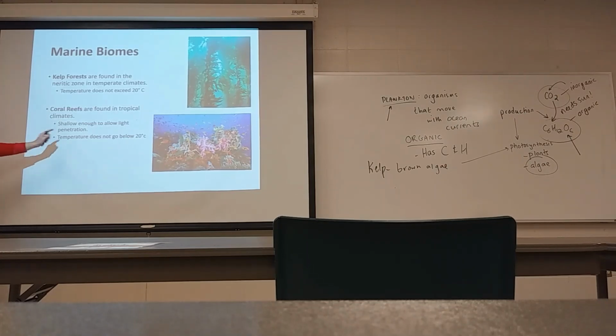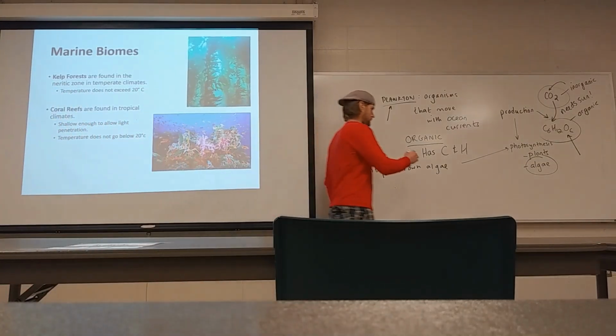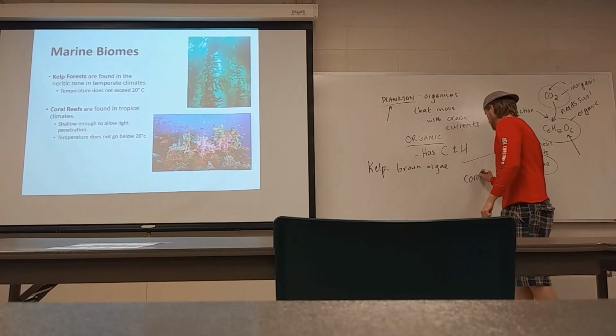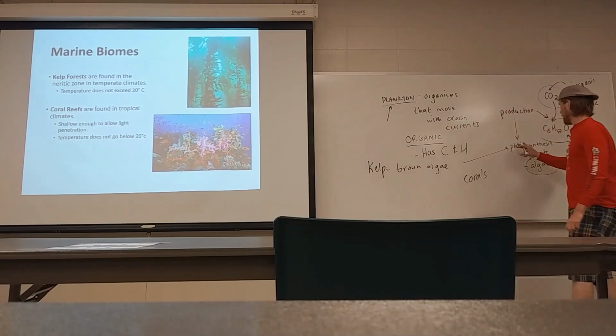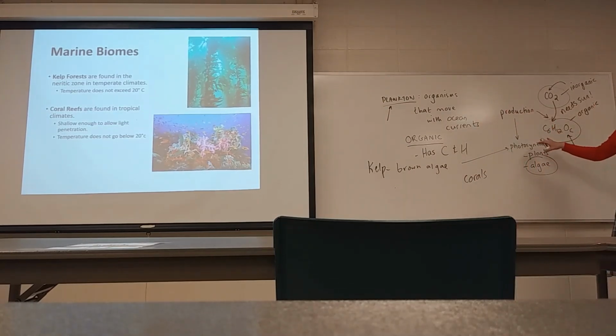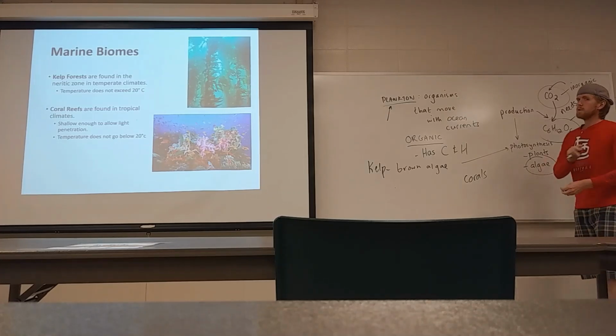Some interesting facts about corals. They're actually animals. Corals themselves are animals, and animals can't do photosynthesis. There's no animal that can, as far as I know. There's one weird slug that has algae that grows in its back, and it's funky, but generally animals don't do that.